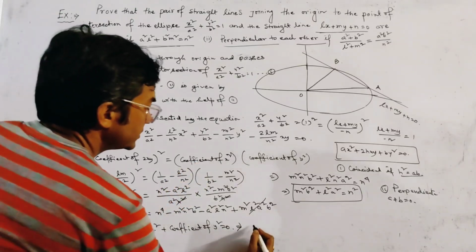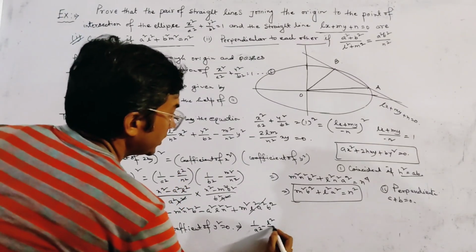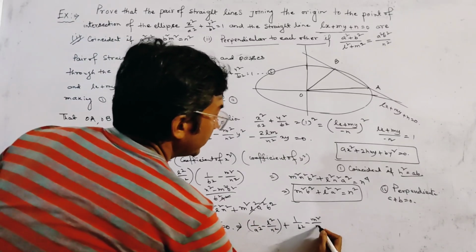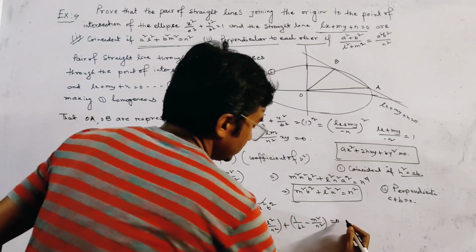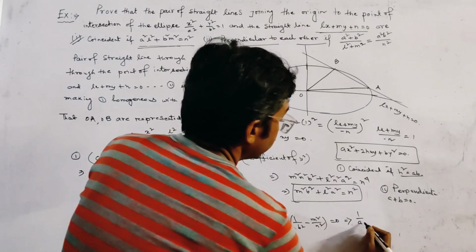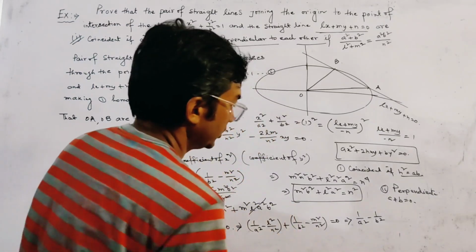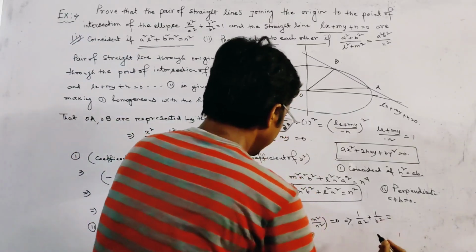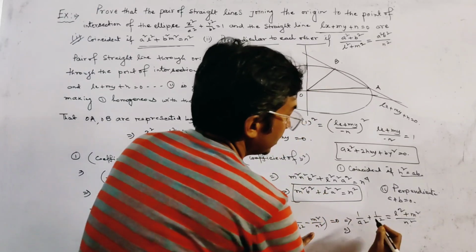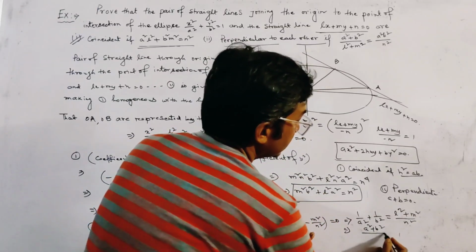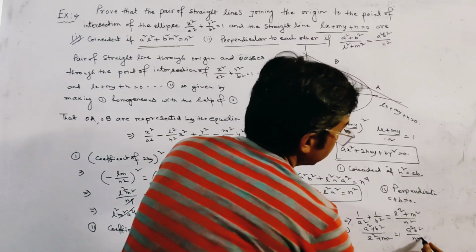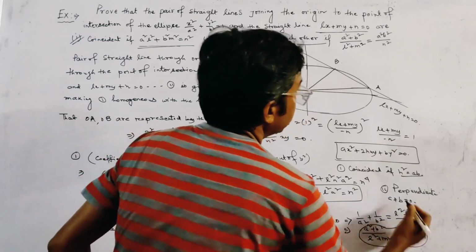We already found it here: 1 by a square minus l square by n square, plus 1 by b square minus m square by n square, equal to 0. Calculating the result, we get 1 by a square plus 1 by b square, and on the right side we write l square plus m square by n square. Now calculating, we get a square plus b square by l square plus m square equal to a square b square by n square, and this is our second required condition.